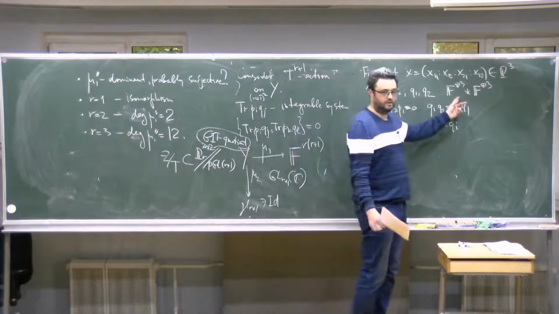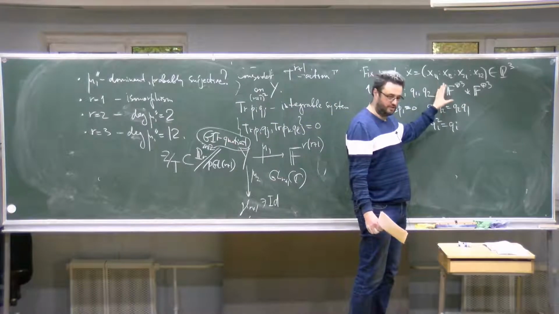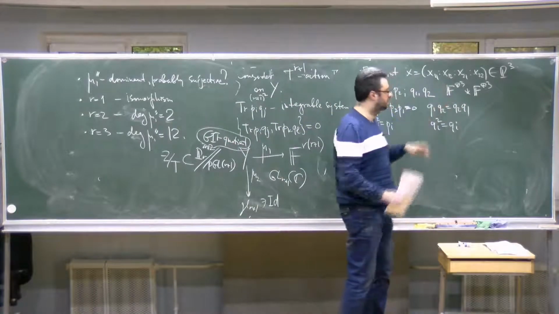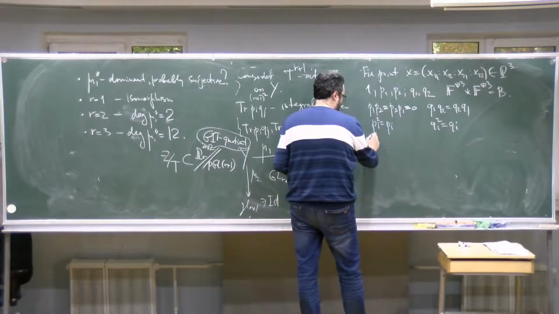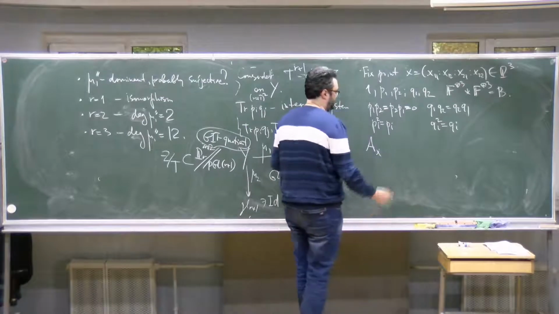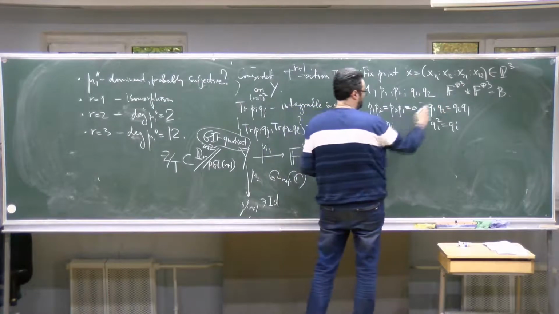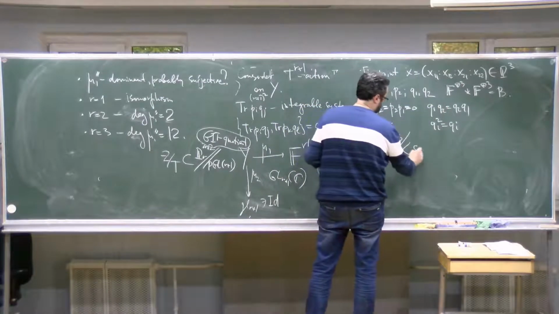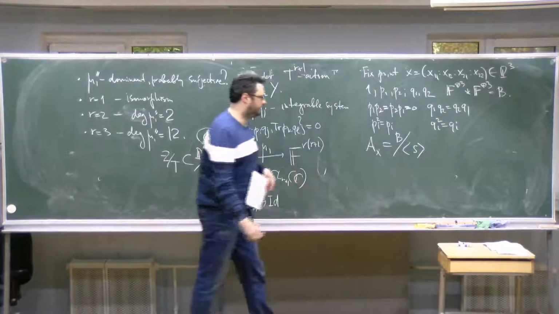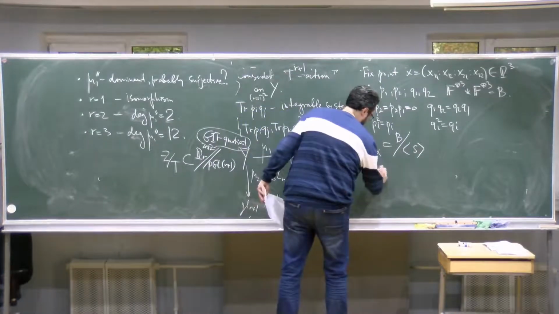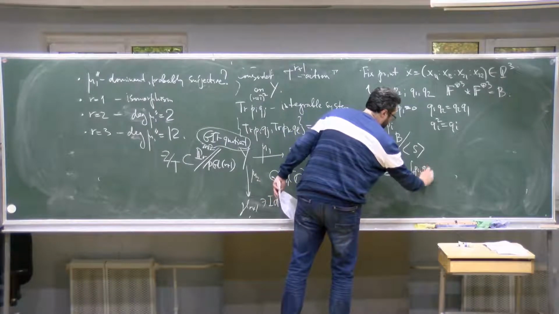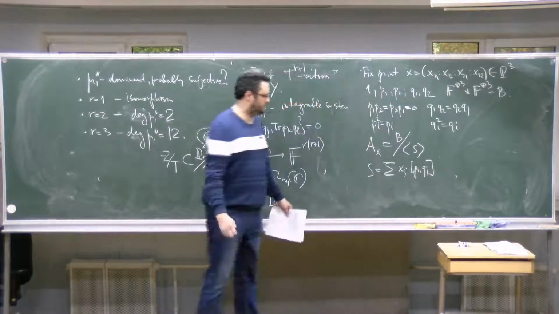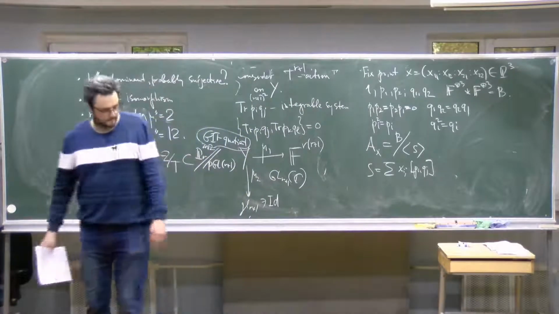This algebra, I would like to consider this algebra created by this. I denote it by B. I would like to consider algebra AX, which is the quotient of this B by the ideal generated by element S. Element S is a sum of commutators.